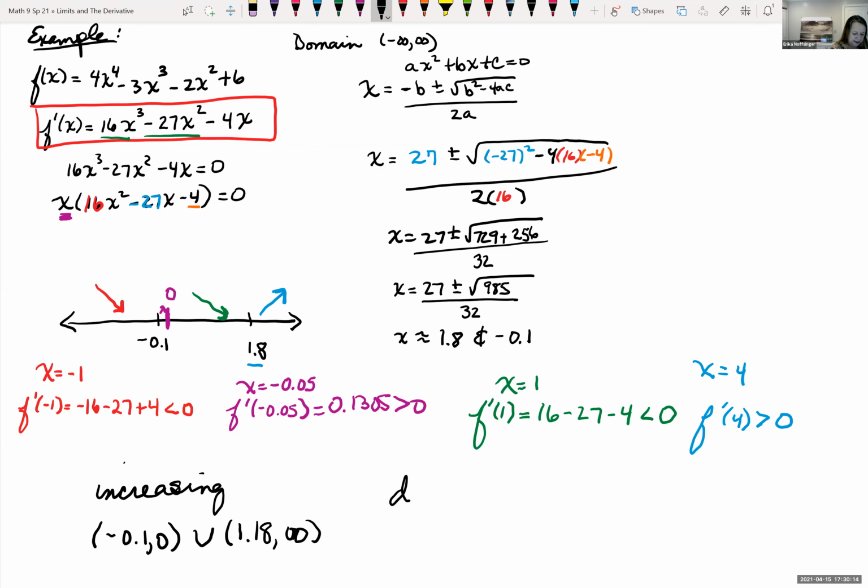And it's decreasing from negative infinity to negative 0.1, and 0 to 1.8.